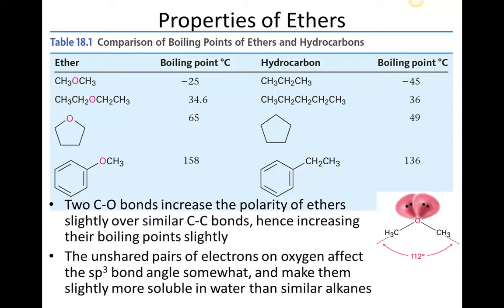So this oxygen that's present in these ethers is going to make these guys be a little bit more polar than just a chain of alkanes, and that's going to increase the attractive properties between the chains, but only a little. So if you compare similar molecular weight compounds, the dimethyl ether is similar in molecular weight to propane.